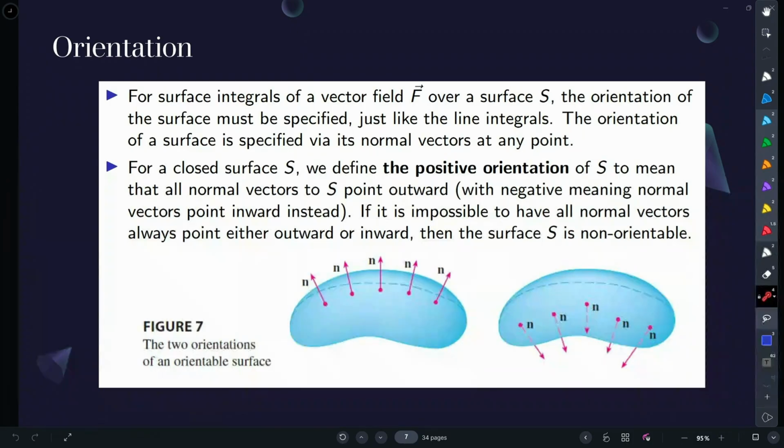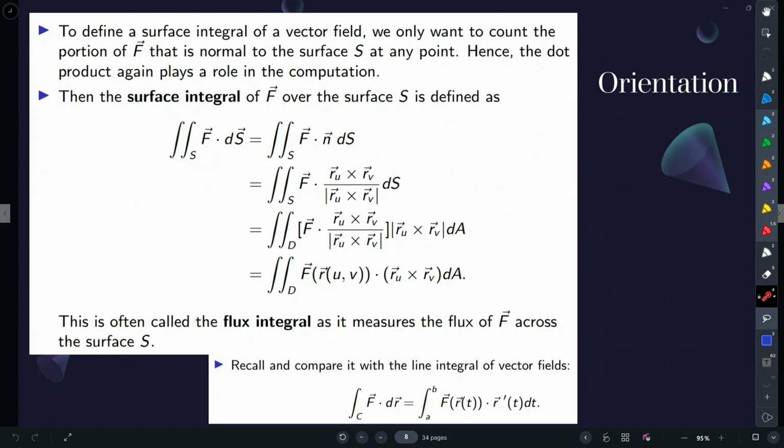But typically, if the surface is enclosing some region of space, the positive orientation will be when these vectors are pointing outwards. But as I said, if the surface is not completely closed, then there is no inside or outside. All right, so we came up with the formulas to do surface integrals of vector fields.